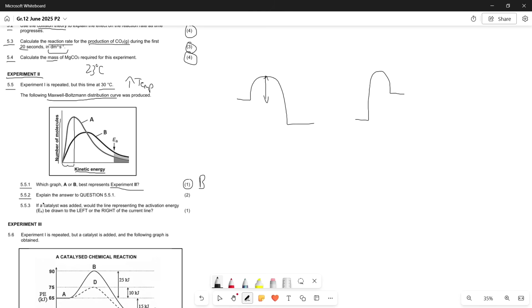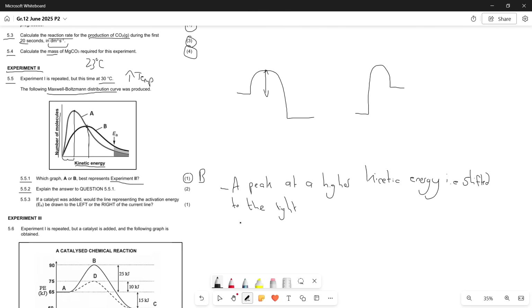And then 5.5.2 says explain the answer to question 5.5.1, and that is what we were just mentioning. We have to give two points. We can say a peak at a higher kinetic energy, which means our peak over here is higher in terms of kinetic energy than this one over there, i.e. shifted to the right.